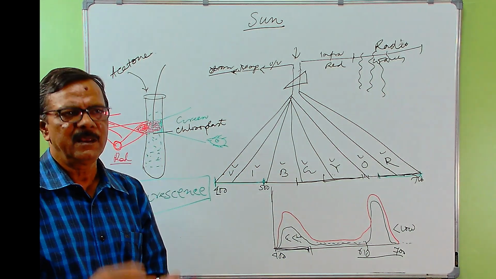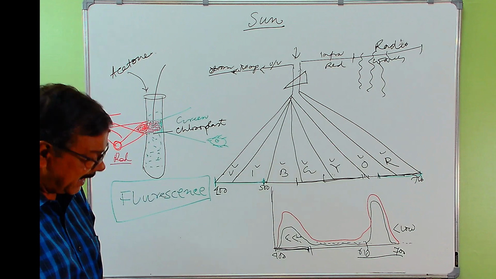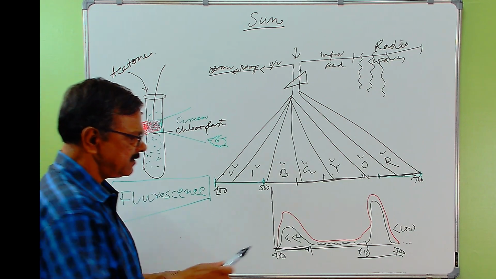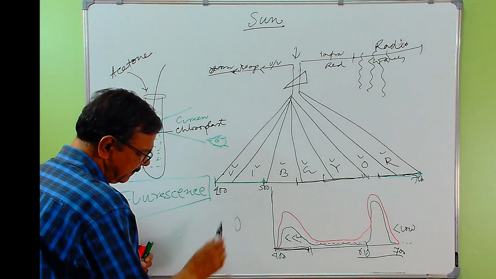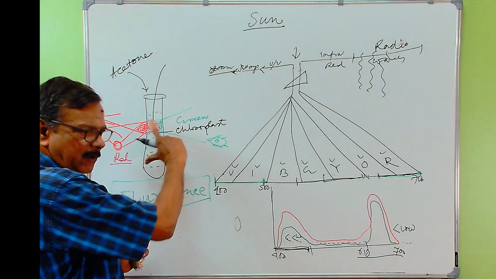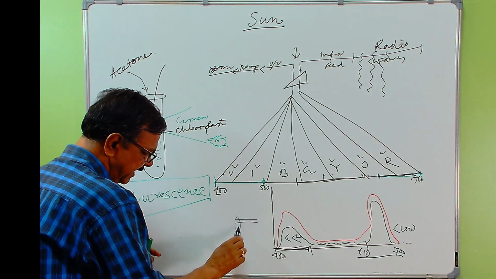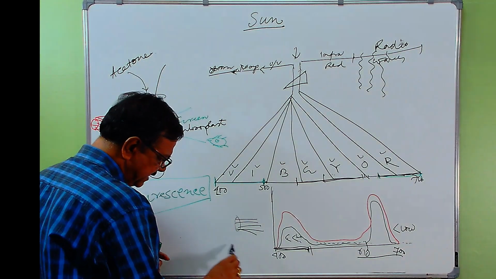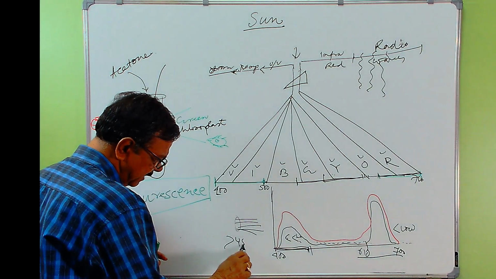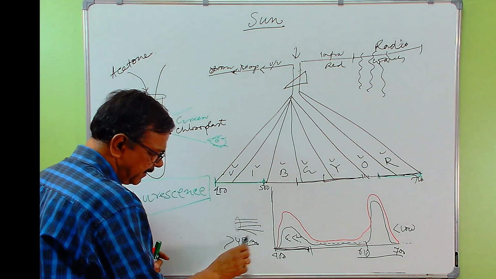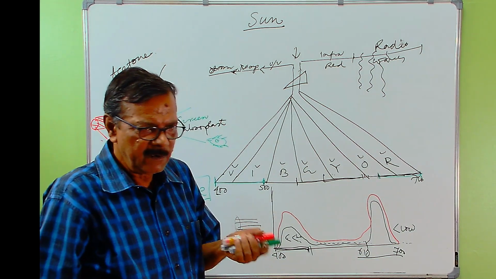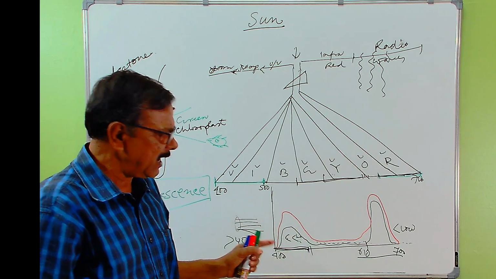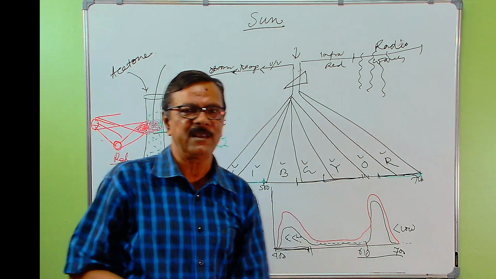Emerson, the scientist, saw that the rate of photosynthesis can be increased by stimulating the sample of chloroplast with a second beam of light of less than 450 nanometer. If a shorter wavelength light is pushed in flashing order, the rate of photosynthesis increases.